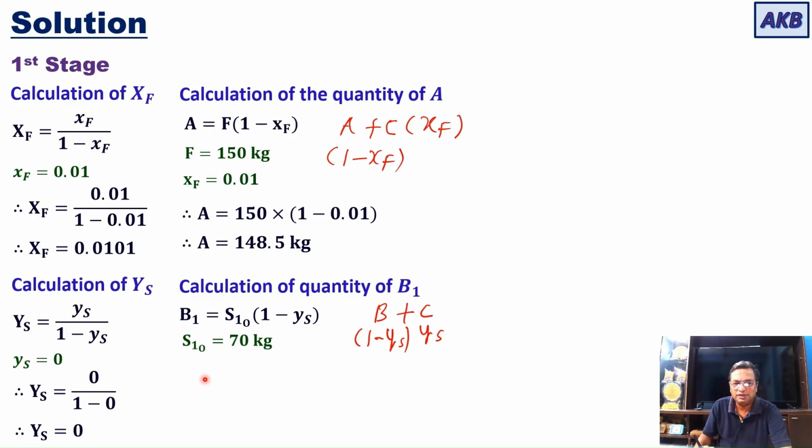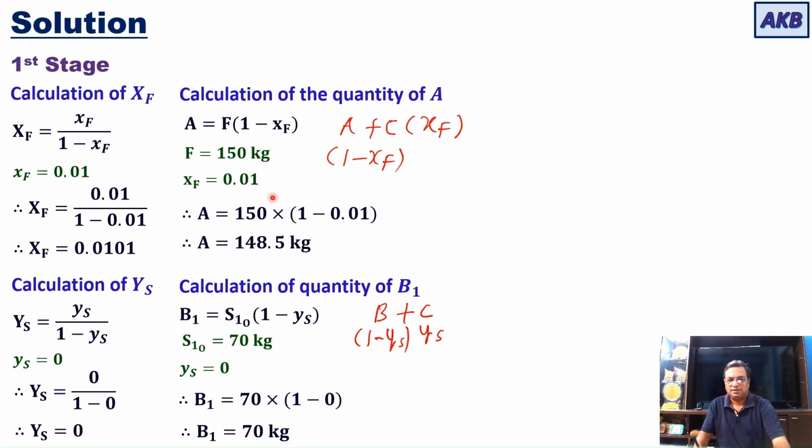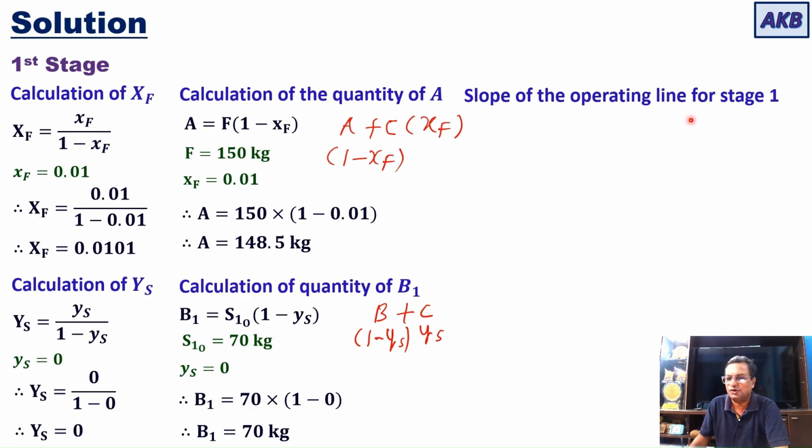So therefore, S10 is 70 kg and Ys is 0. Therefore, B1 will be equal to 70 into 1 minus 0. That gives us B1 as 70 kg. So after getting the quantity of A and the quantity of B1, we will find the slope of the operating line for stage 1. The slope is given as minus A upon B1.